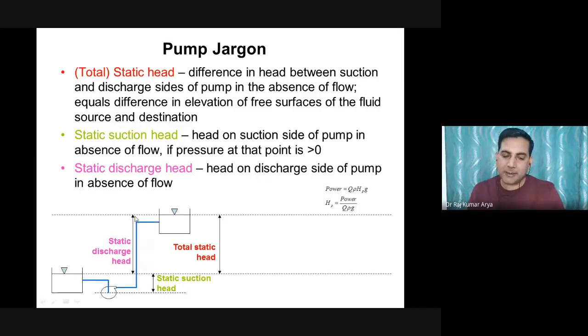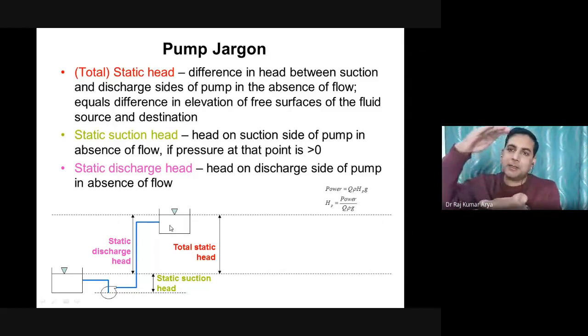By chance, if the static line, this tank, is higher than that, it means you are turning the pump on and nothing would come out. Your discharge point is too high to be delivered by your pump, but you are giving energy to the pump continuously and nothing is coming out. Over the period of time, nothing is getting discharged outside.